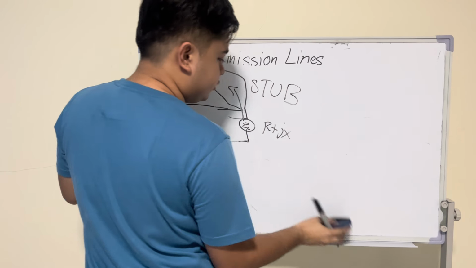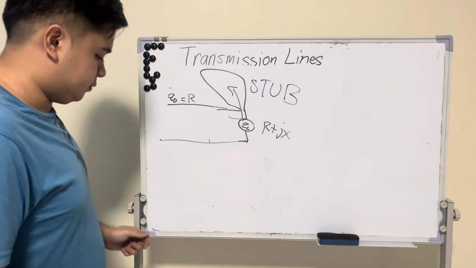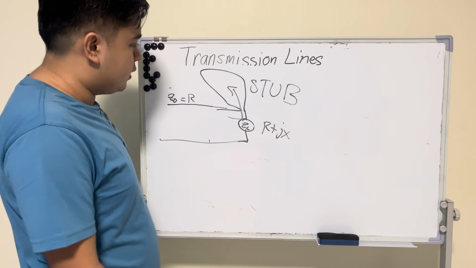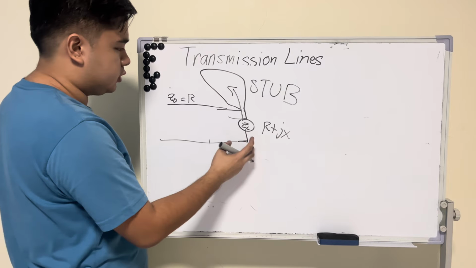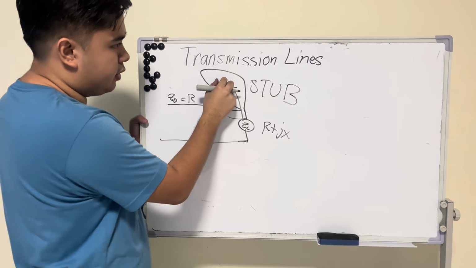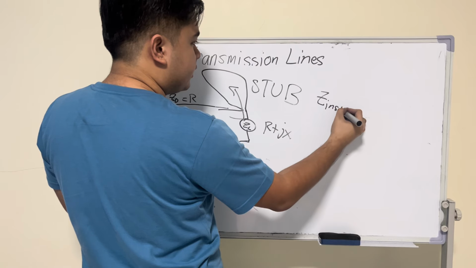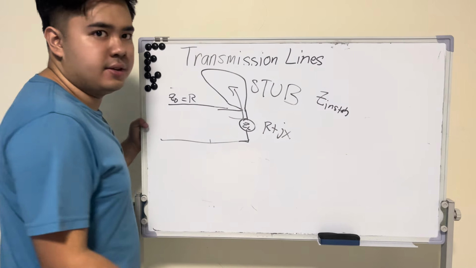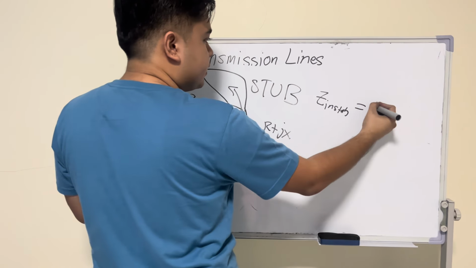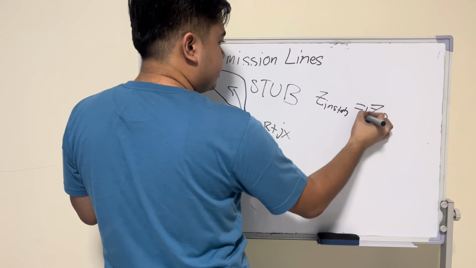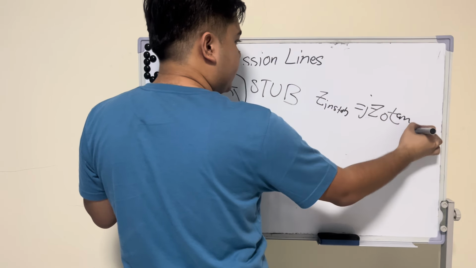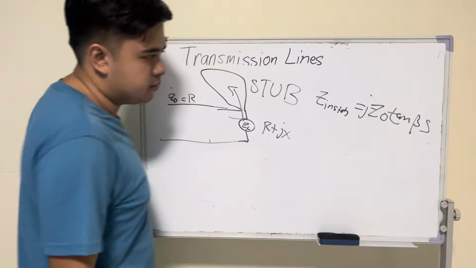Now, for the formula. Since this is a short, the formula for the input impedance of a shorted transmission line is jZ0 tangent beta S, right?